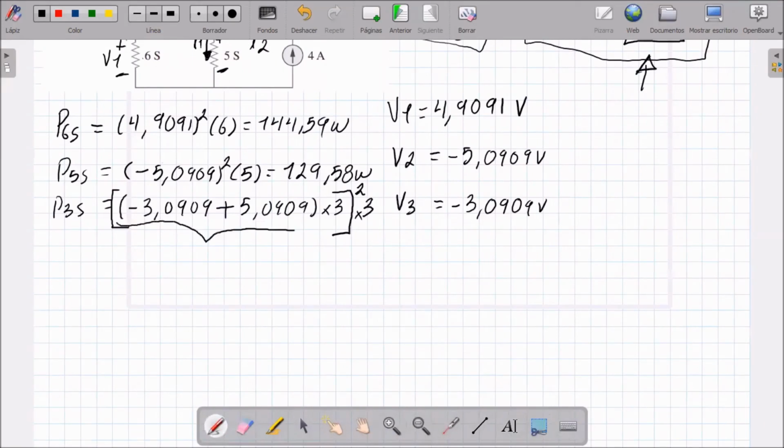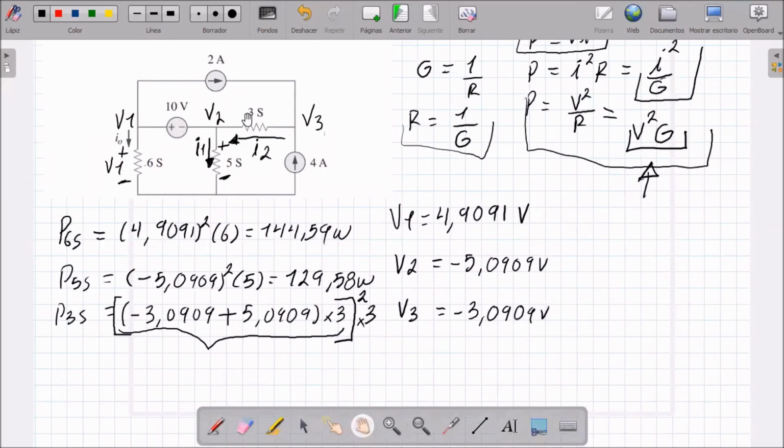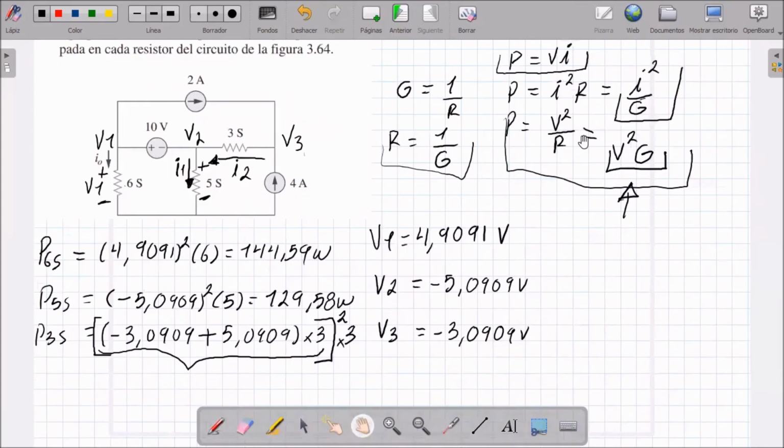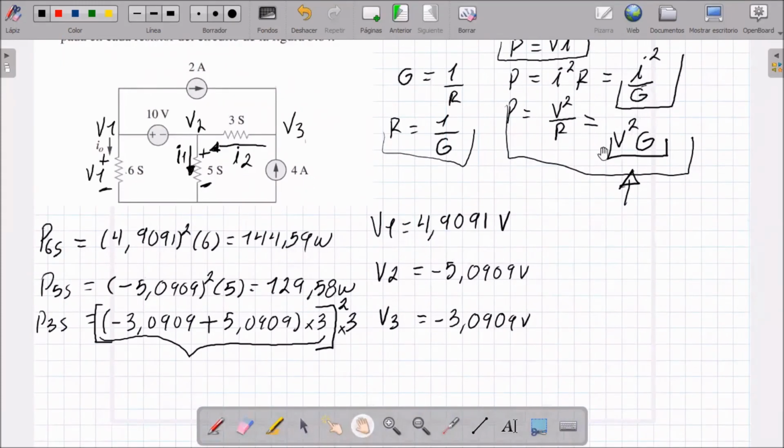Because all of this that is here is common, and that current is the current that passes through, V3 minus V2 times the conductance 3. It gives me the current. I take the current squared, and I have to divide it, not multiply it. Let's remember that we are working with Siemens.